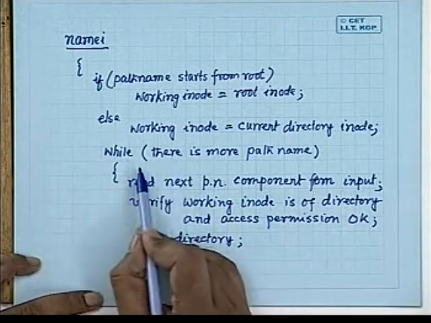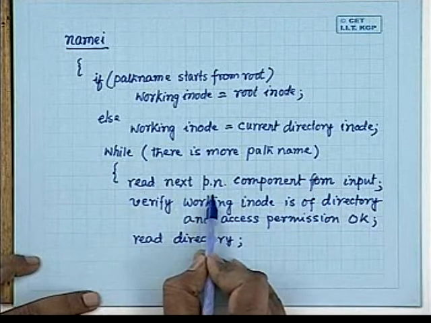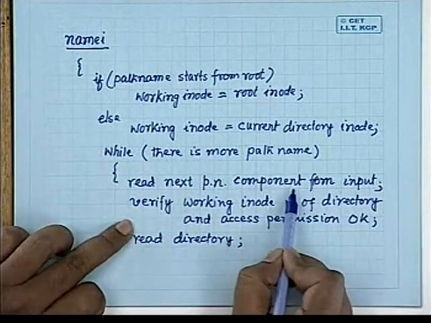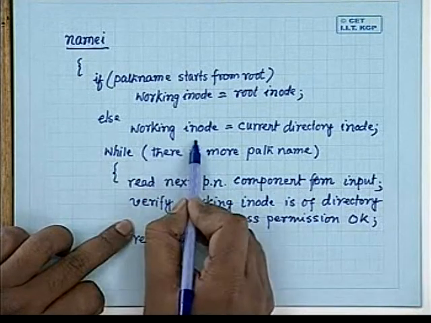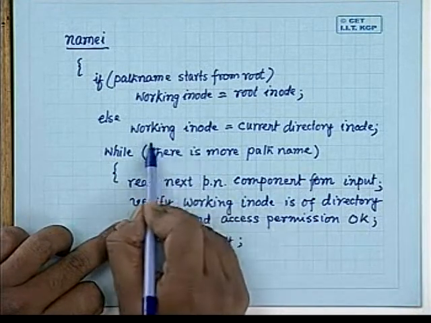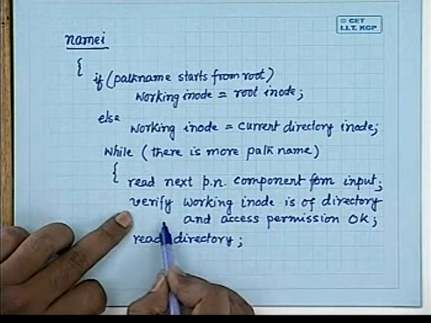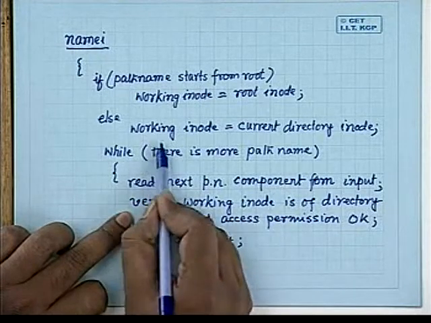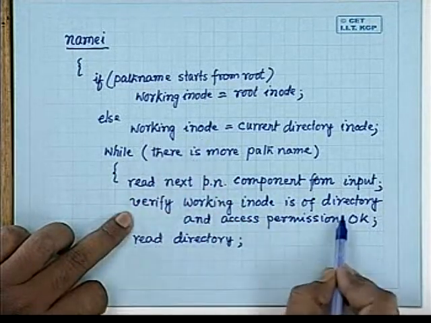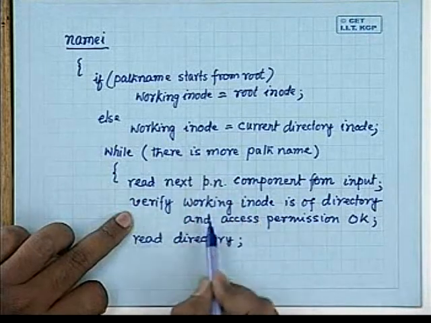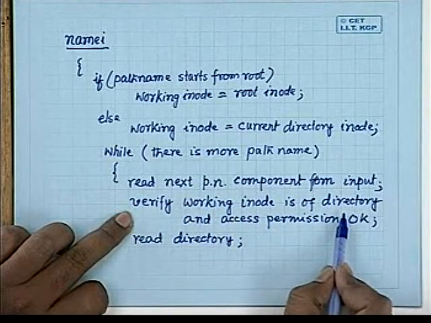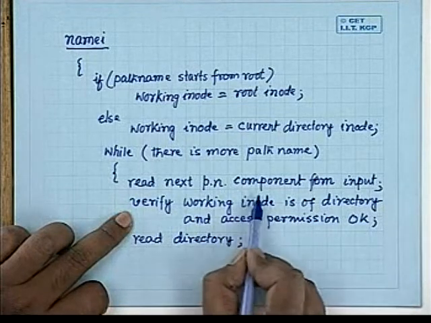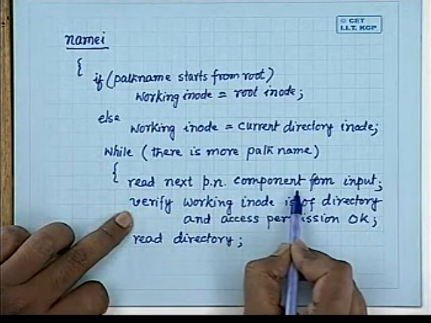While there is more path name, we have to read the next path name component from the input. Then we have to check where to look, in the current directory or in the working directory. Before we search for this path name component, we have to check whether the working inode is the inode of a directory or not. If and only if it is the inode of a directory, then we can search in the directory to match for this path name component.